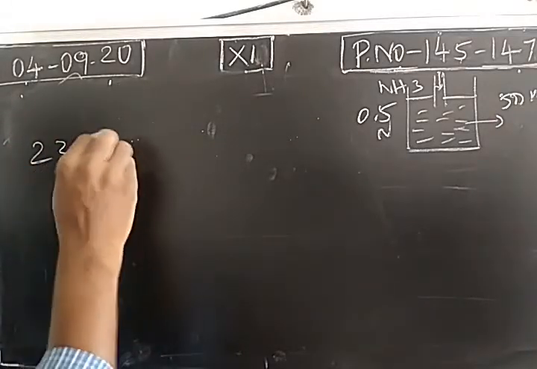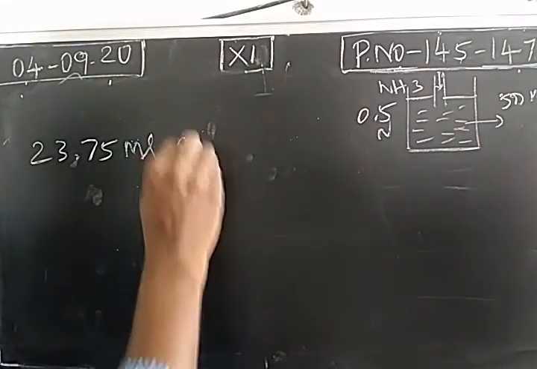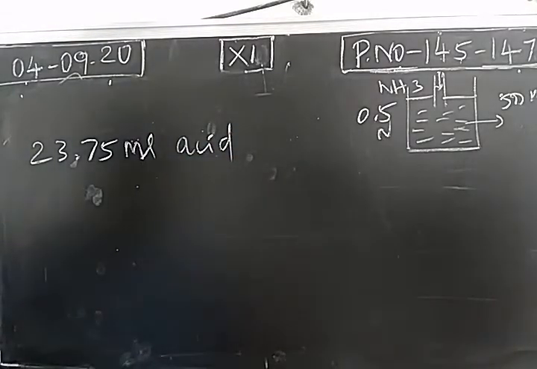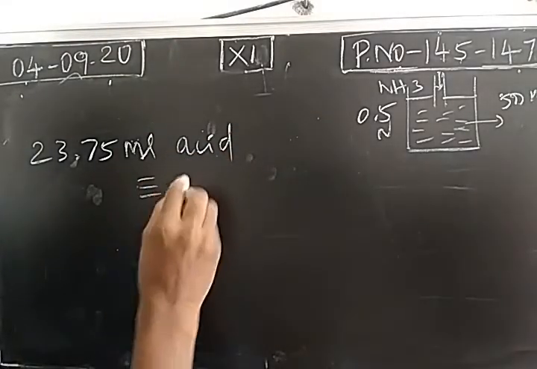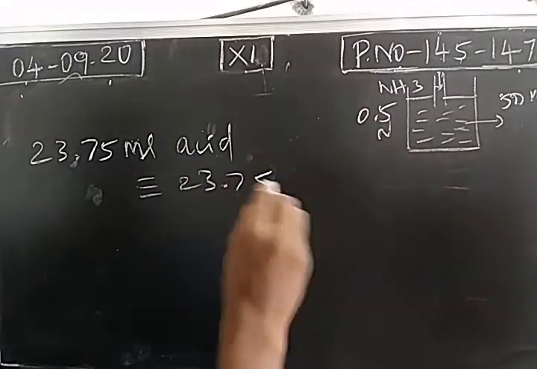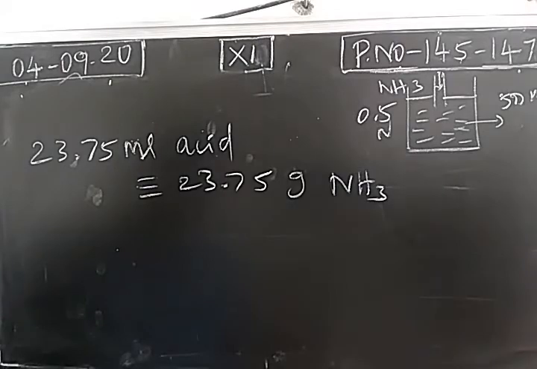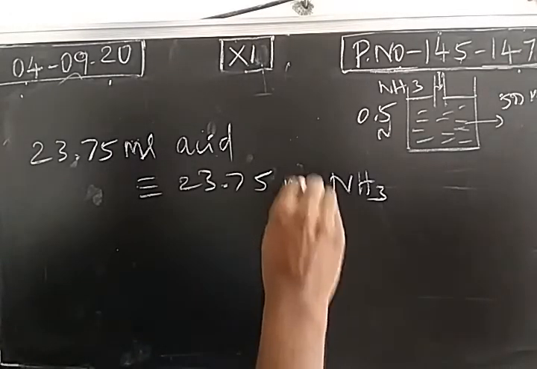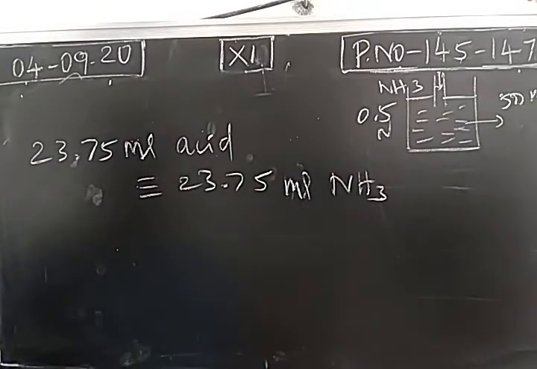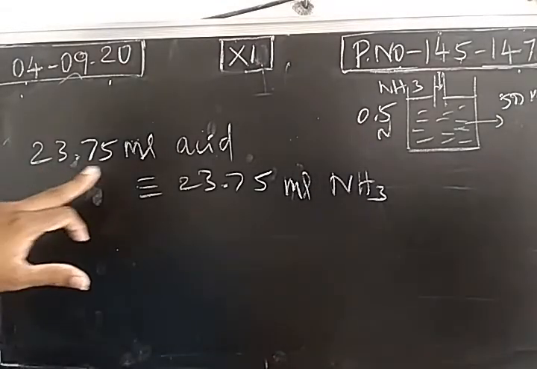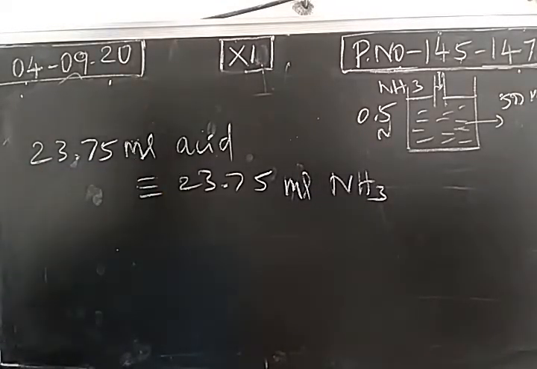So 23.75 ml acid is consumed by ammonia, which is nothing but 23.75 ml ammonia. Okay. So in the receiver, 23.75 ml acid is consumed by ammonia.